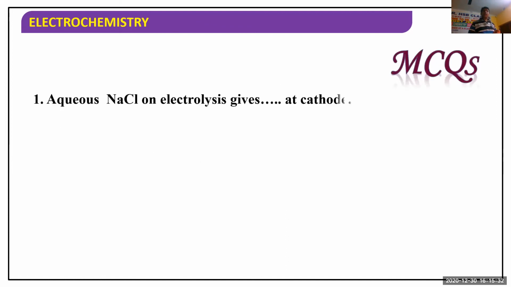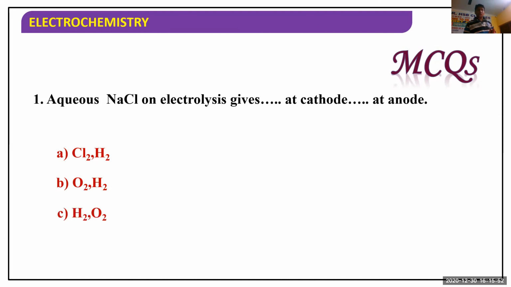So there is a question: aqueous sodium chloride on electrolysis gives dash at cathode and dash at anode. It is chlorine, hydrogen; or oxygen, hydrogen; or hydrogen, oxygen; or hydrogen, chlorine.